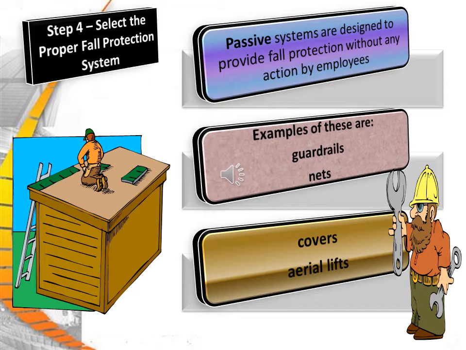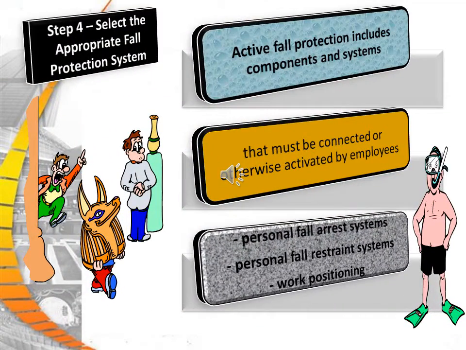Examples of these are guardrails, nets, covers, and aerial lifts. Active fall protection systems include components and systems that must be connected or otherwise activated by employees, such as personal fall arrest systems, personal fall restraint systems, and work positioning.